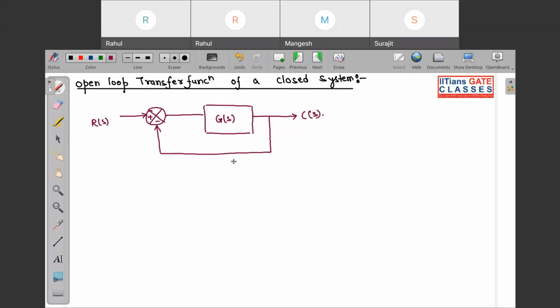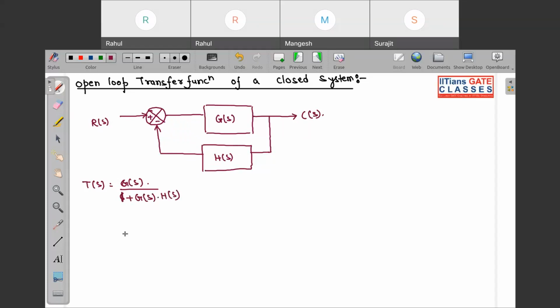So we have seen the closed loop transfer function is Cs over Rs, with Hs also present over here, so it was Gs divided by 1 plus G of s, H of s.